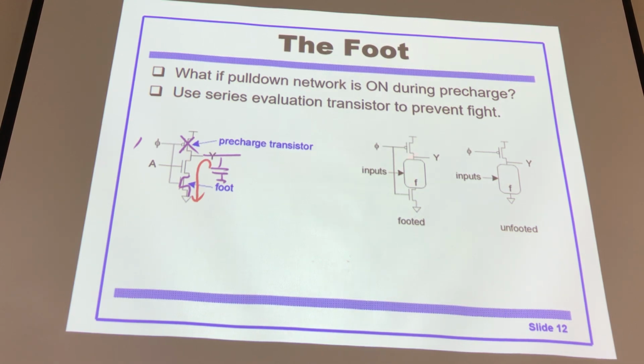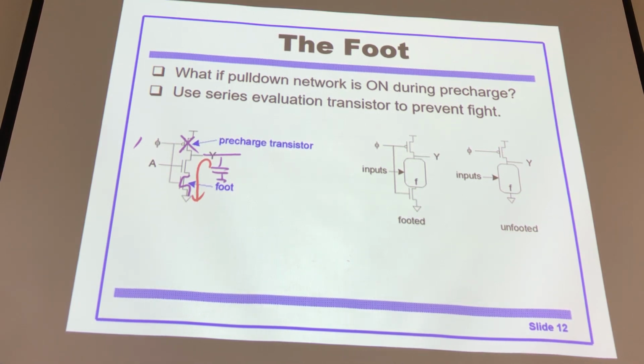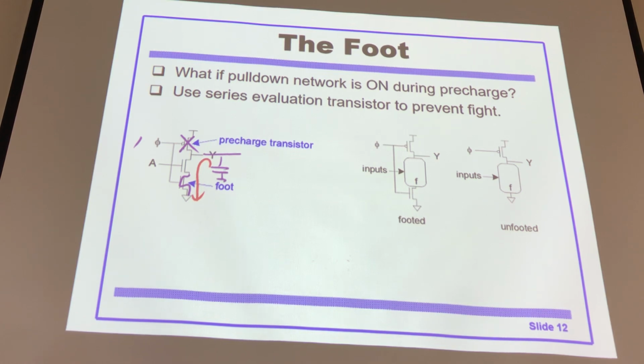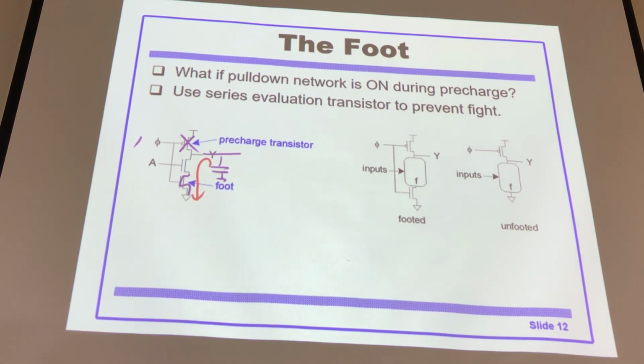It's only the pull-down network, and we know that for each NMOS transistor, NMOS is faster than PMOS given the same size. Also, we only use the pull-down network when we are in the evaluate phase.